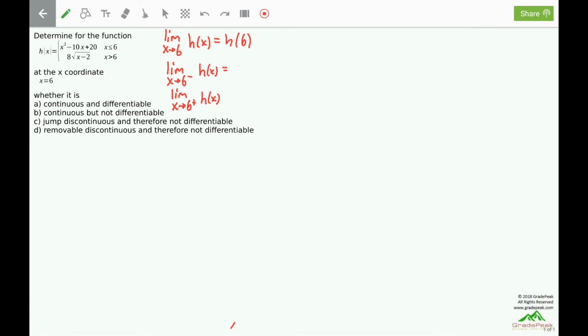The left side of 6 is less than 6, so we will be using this expression for h of x. So we have the limit as x approaches 6 from the left side of x squared minus 10x plus 20. We can now plug a 6 in for each of the x's.